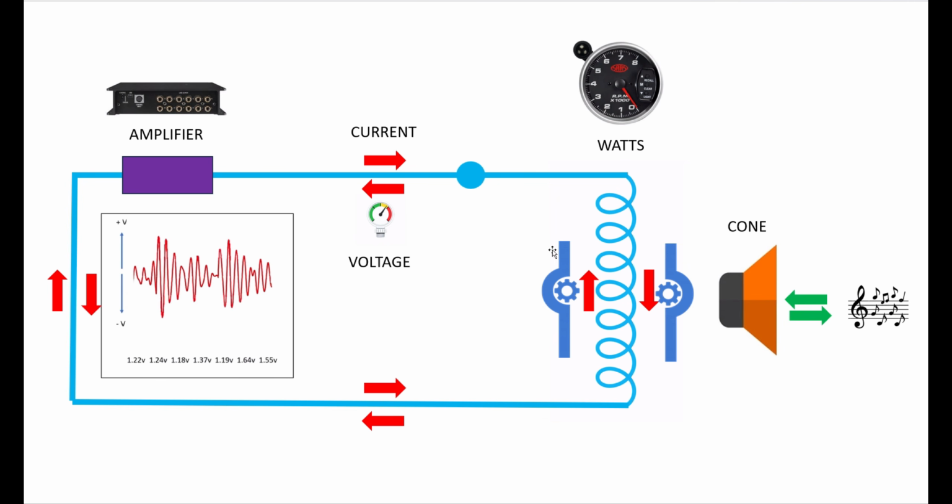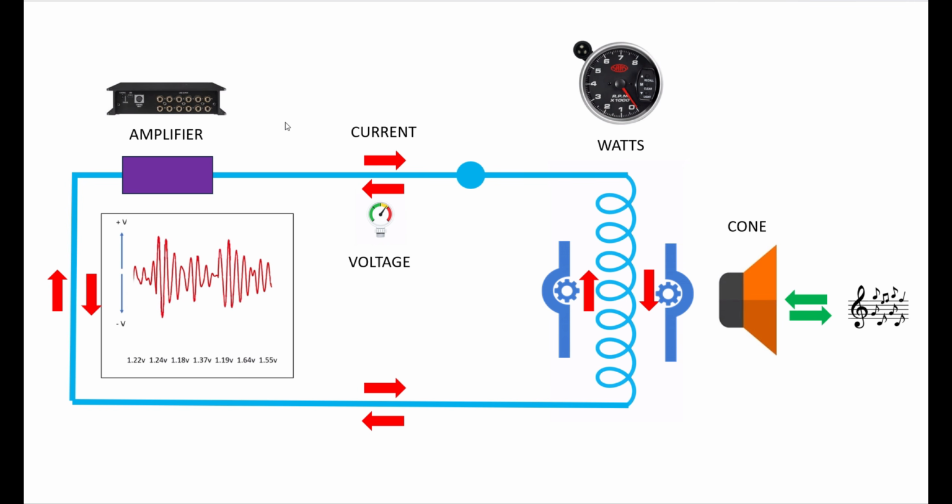All right, so to summarize everything, you have an input signal made up of positive and negative aspects and peaks that reflect the sound or the music that you're playing, which comes through your head unit. That's amplified and copied by your amplifier.